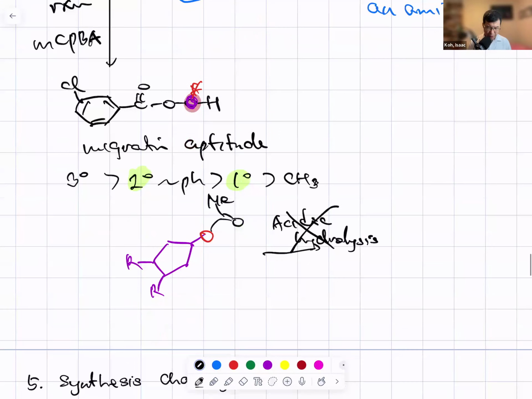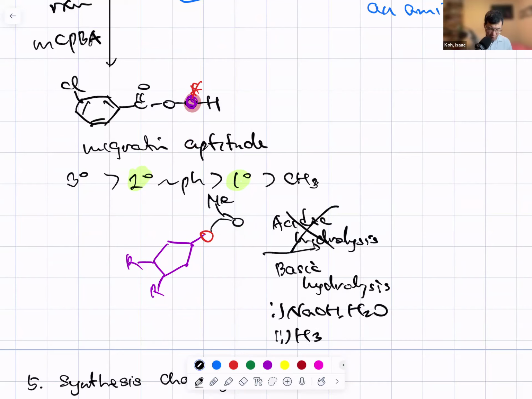So then let's use basic hydrolysis. So first sodium hydroxide in biphasic reaction followed by acidic workup.